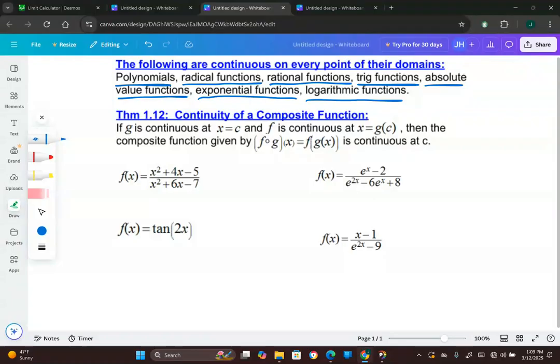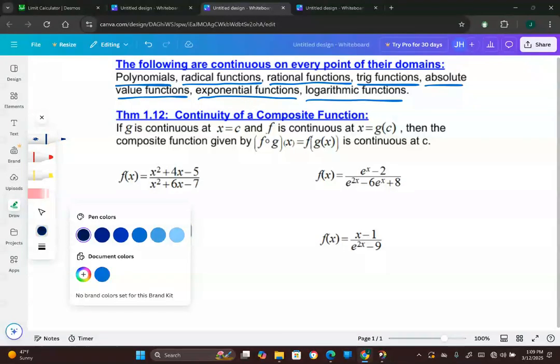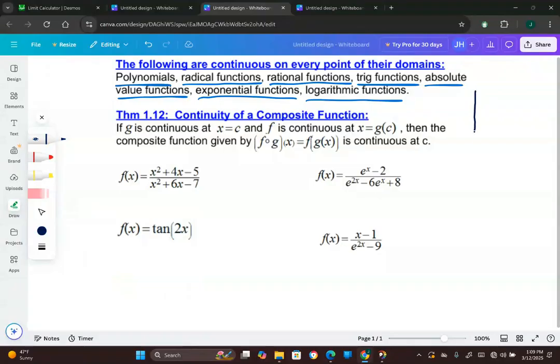That's their domain. Can you think of a function that is not continuous on its domain? I am thinking of the greatest integer function. The greatest integer function looks like this. In some schools, in some books, some teachers will teach it this way.